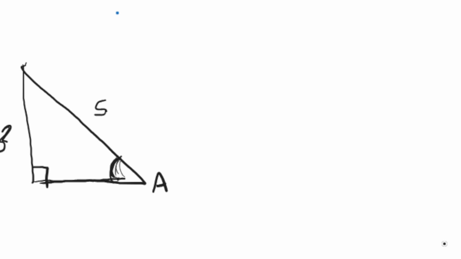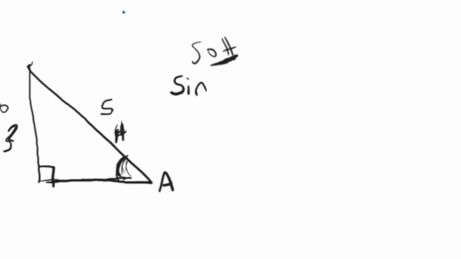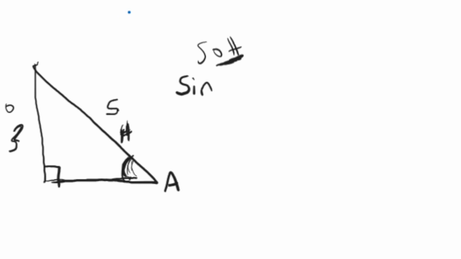We know that if you are talking of this angle, this is opposite, this is hypotenuse. So we have sine, because it is only sine that talks of opposite over hypotenuse. So let's call this angle theta.